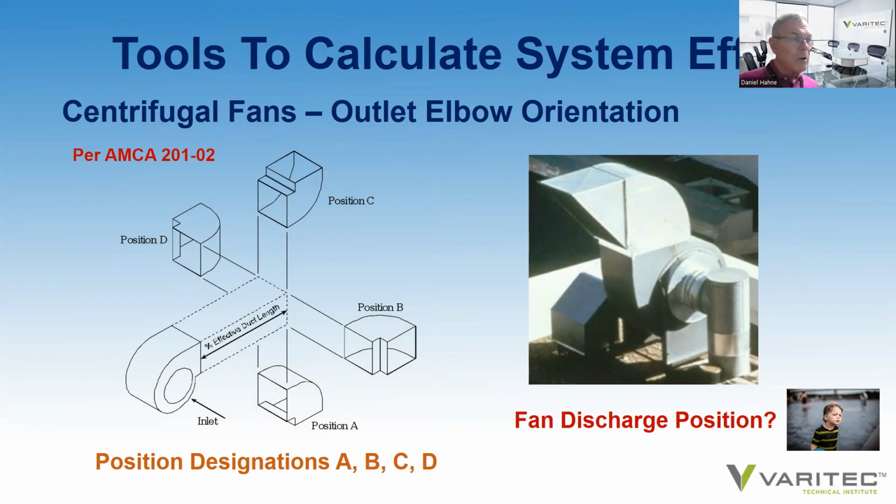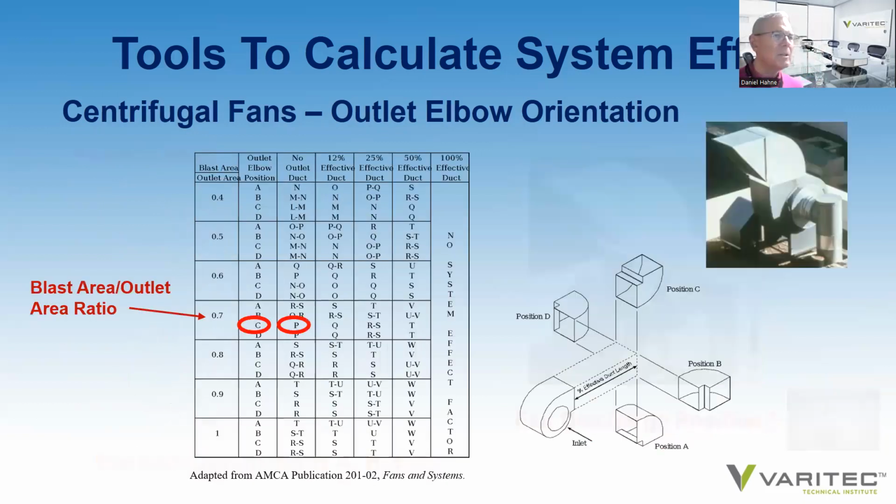And with a rectangular outlet, there are four positions, position A, B, C, and D. The discharge position of this fan, as you've probably gathered, is position C, where the outlet of the hood is in the opposite direction of the rotation of the fan wheel, causing some form of system effect. How much system effect? Well, let's apply the 201 system effect fan chart. Again, let's identify the blast to outlet ratio provided on a fan submittal.